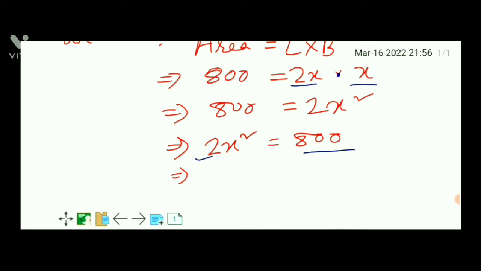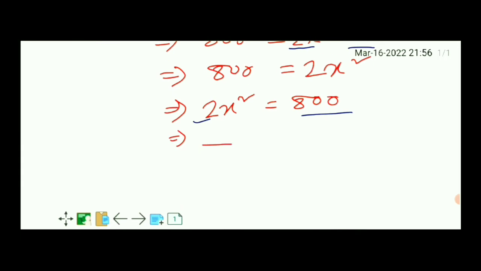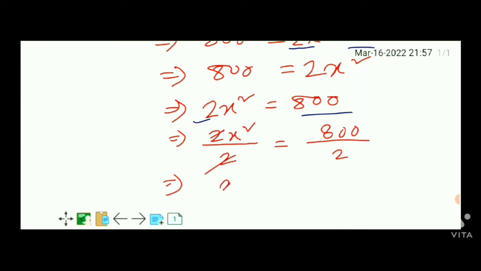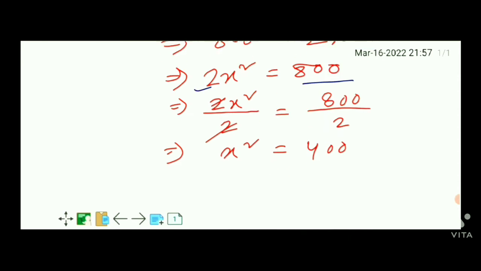If we divide this by 2, then you need to divide this by 2 also: twice x square by 2, 800 divided by 2. So this will be cancelled out, this will remain x square and this will be 400. 800 by 2 is 400.